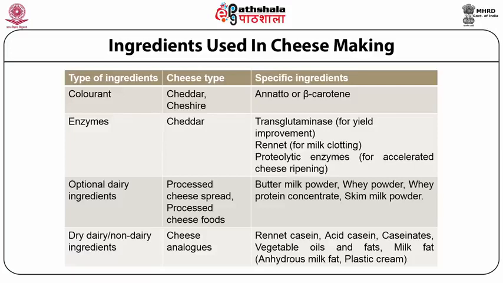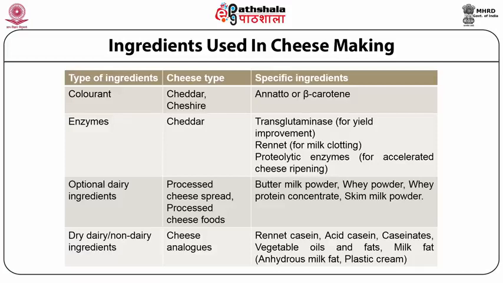Over and above rennet, we can use some proteolytic enzymes. This is used especially for accelerated cheese ripening. You know that generally with calf rennet, the ripening period required for cheddar is around 9 to 12 months. However, if you use some rennet substitutes which are more proteolytic than calf rennet, the ripening time is probably decreased to around 5 to 6 months.